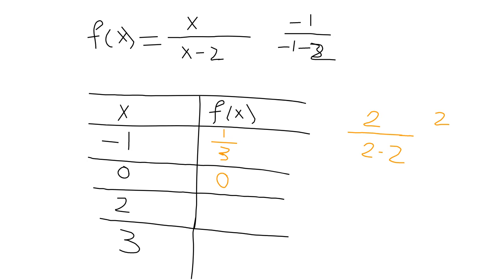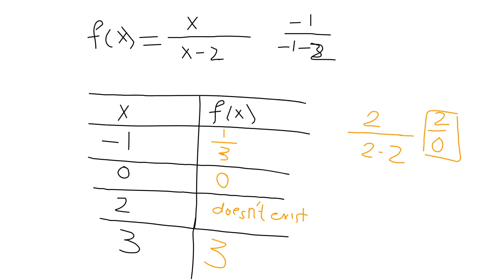So 2 over 0. There's no such thing in math. You cannot divide by 0. So this is math error, or does not exist, no solution. What about 3? 3 over 3 minus 2, 3 over 1, 3.